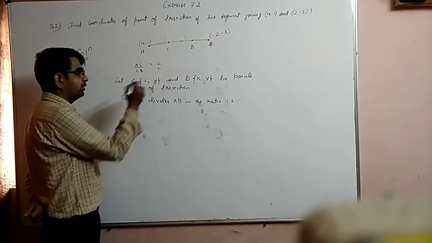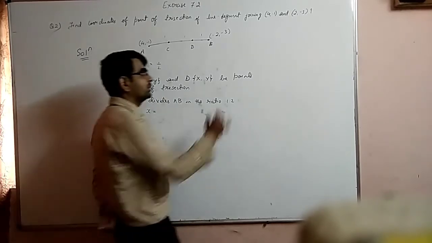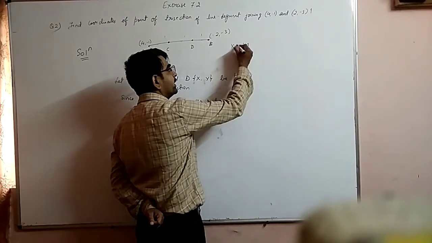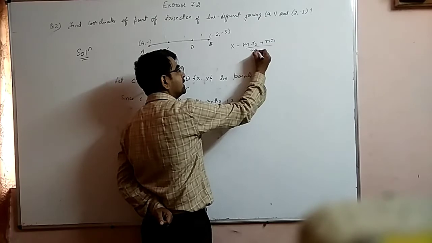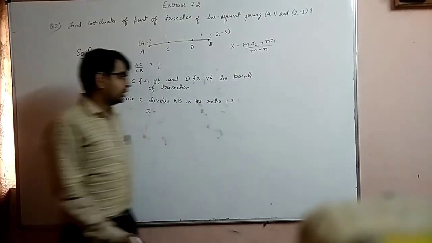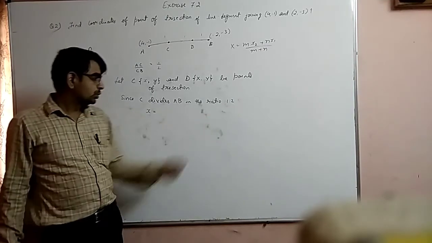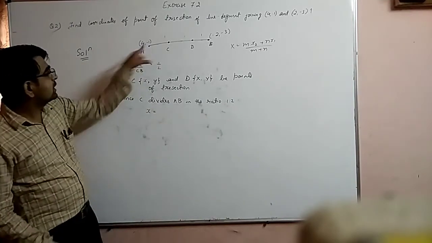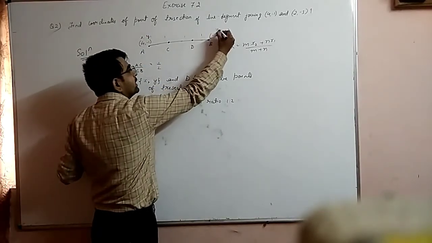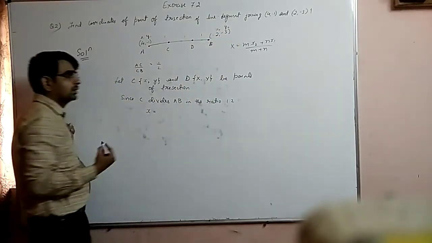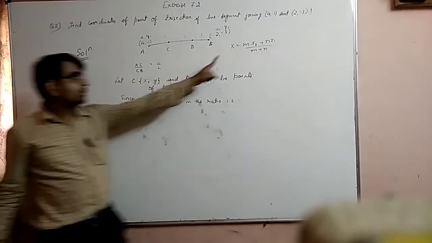Therefore, what will be the x coordinate? According to the formula, the formula for x is (m x2 plus n x1) by (m plus n). What is the ratio? m is 1, n is 2. And these are my x1, y1 and these are x2, y2. So just put down the values in the formula.